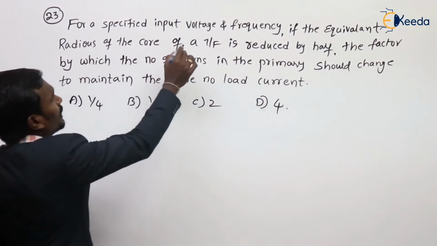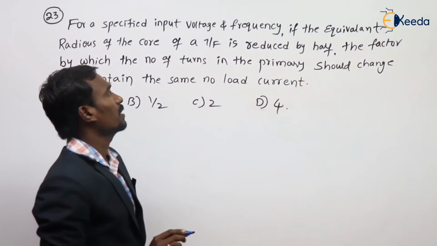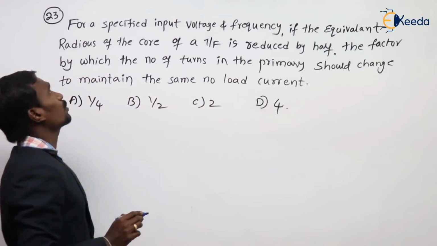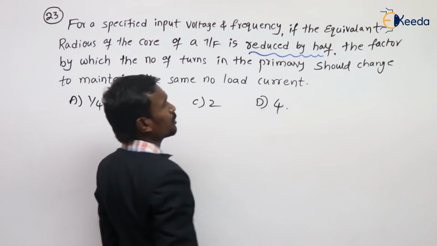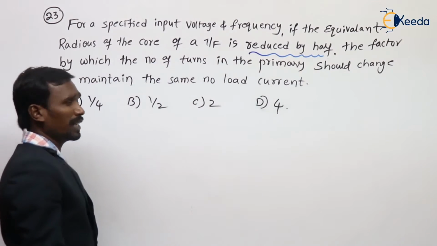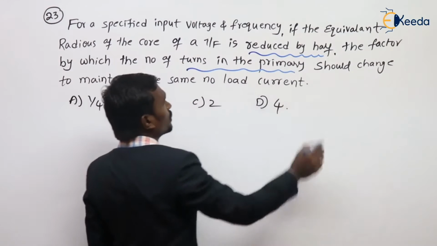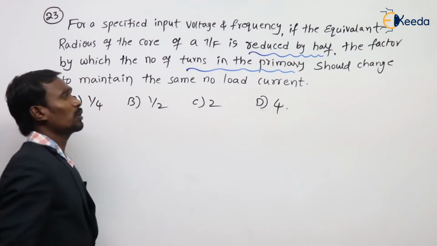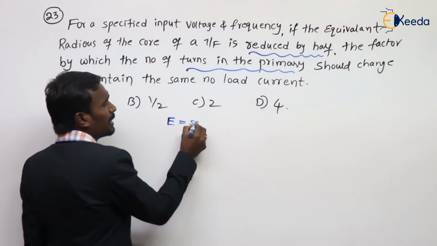See, for a specified input voltage and frequency, if the equivalent radius of the core of a transformer is reduced by half, the factor by which the number of turns in the primary should change to maintain the same no load current, and to maintain the same EMF also.